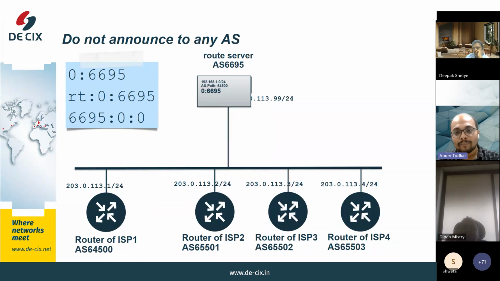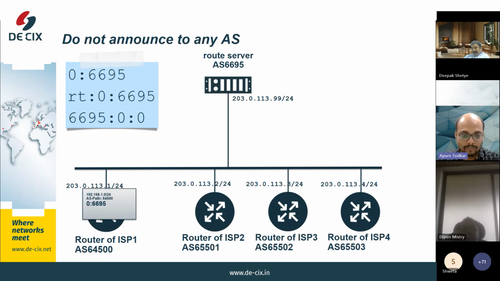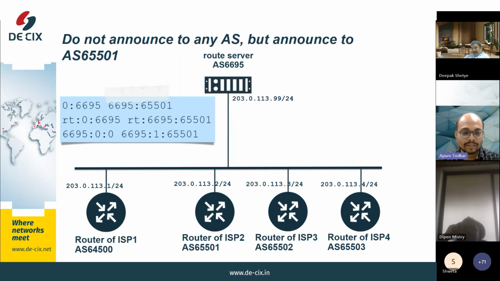The route server will receive the prefix, and you can add these two communities: don't announce to any AS, and announce to a specific AS. The route server will then re-announce the prefix to the specified AS, blocking it from the others. I believe the animation was not working properly, but still, it was don't announce to any other ASN.